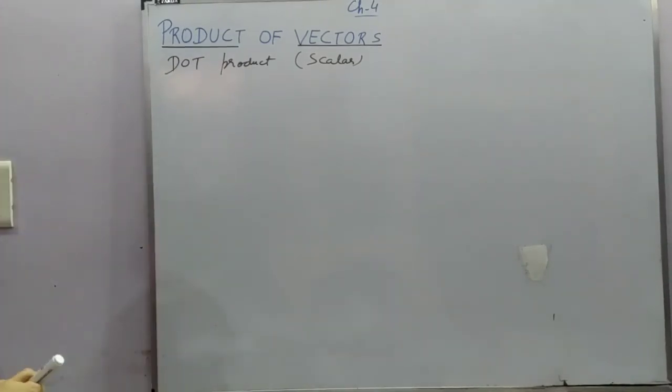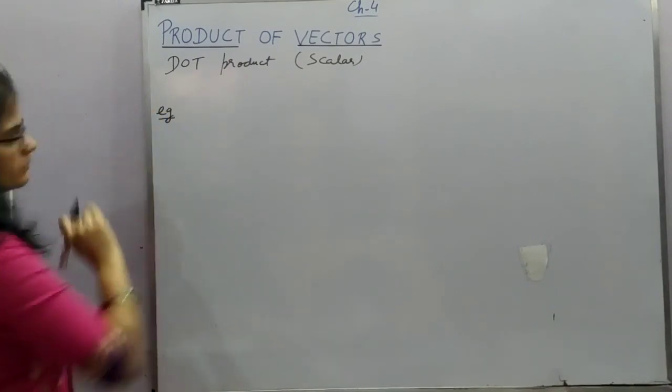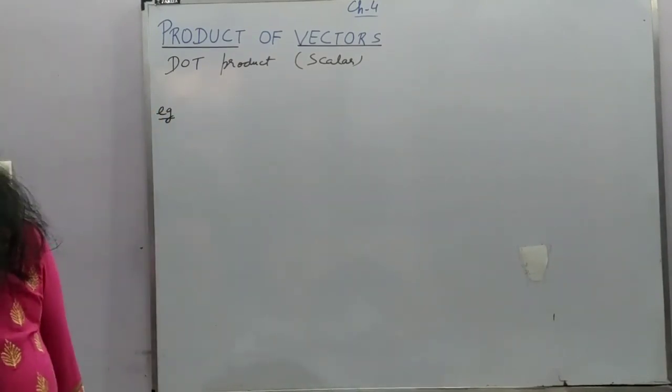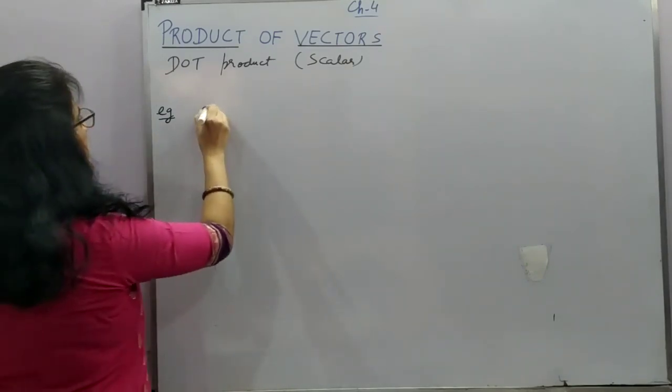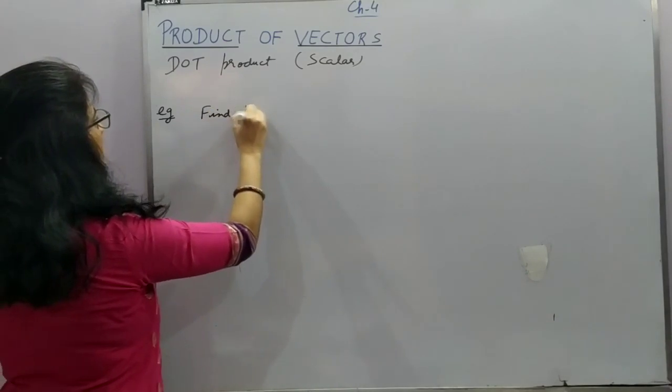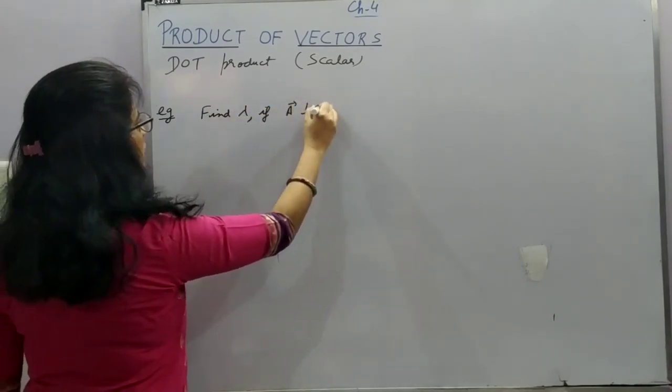Now, let's take another question for this. Find the value of lambda so that the vectors a and b are perpendicular. So if a is given, find lambda if a is perpendicular to b vector.